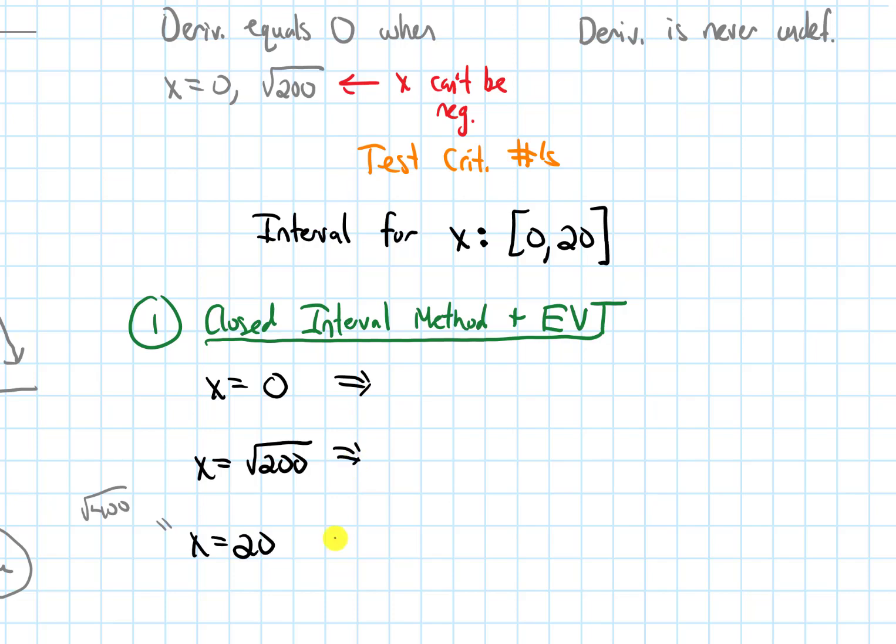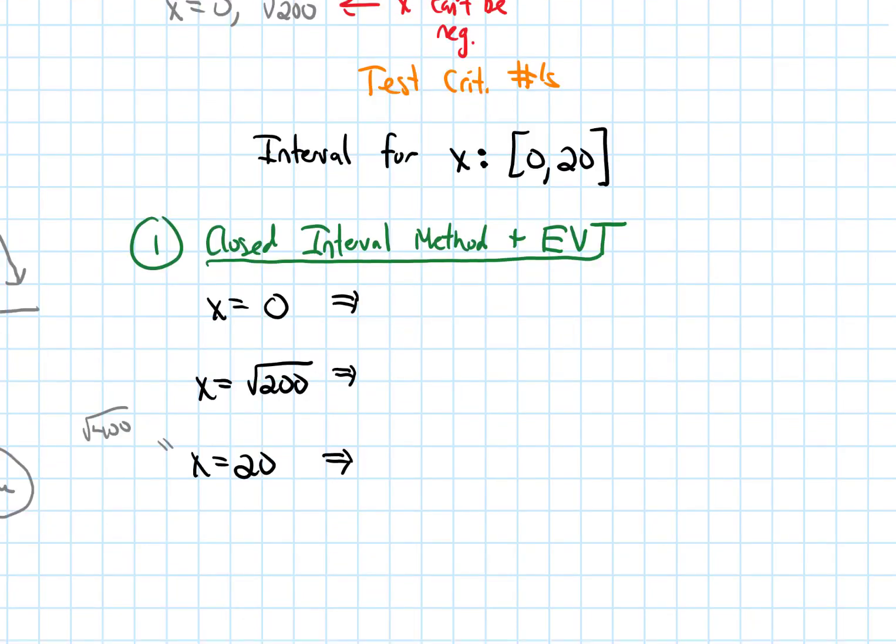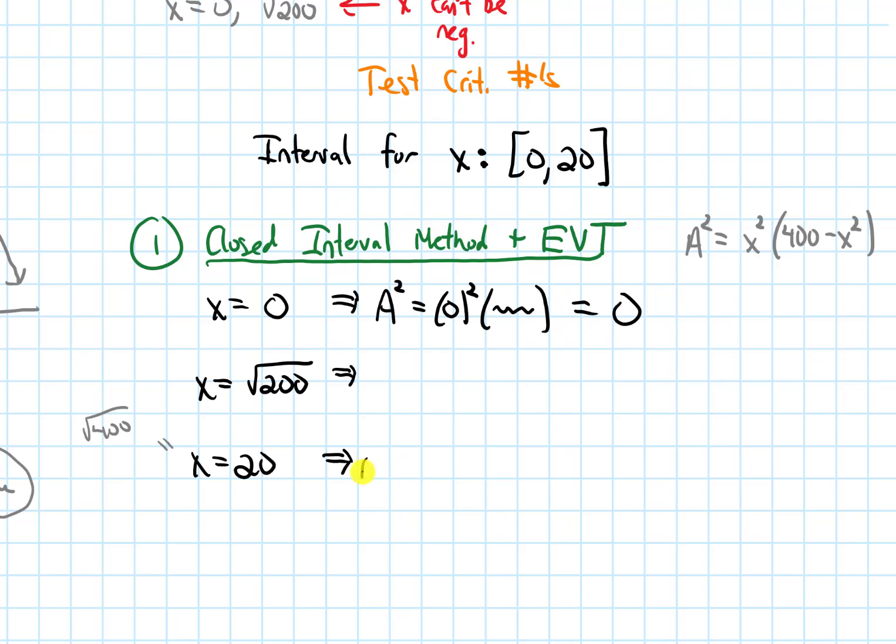Now let's plug them into our function. I'm going to plug them into the a squared function. So let's recall that a squared was x squared times 400 minus x squared in that factored form. If I plug in 0, we'll get a squared equals 0 squared times some stuff. It doesn't really matter what that stuff is. This is going to be 0. If I plug in 20, we'll get a squared equals 20 squared times 400 minus 20 squared.